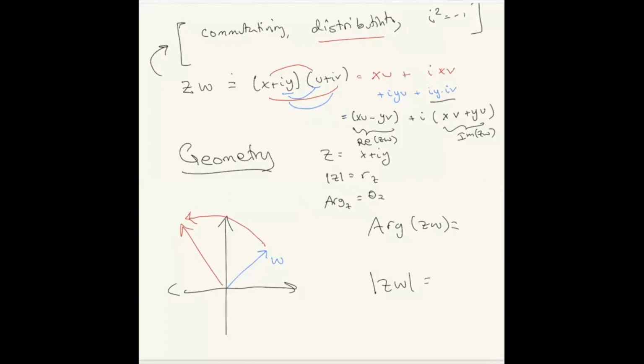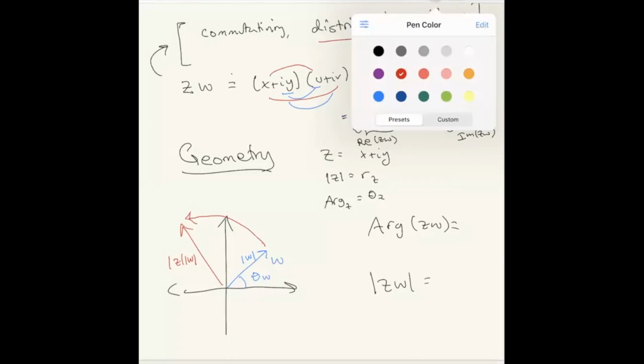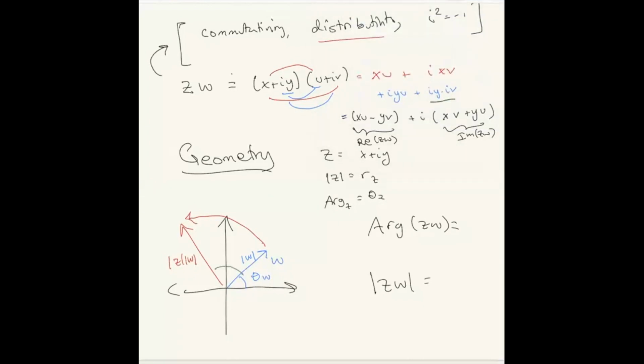Then the way to represent geometrically what this multiplication is doing, well, it's taking a w with angle theta_w and length absolute value of w, and it's converting it to a vector whose length is the product of the lengths. So it's multiplying lengths by the absolute value. And it is rotating the vector. And how much does it rotate? Exactly the argument of z.